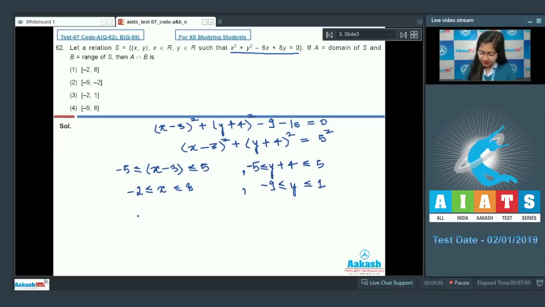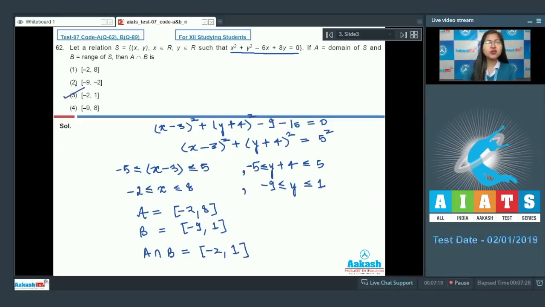Hence, we can say that A is equal to domain of S, that is -2 to 8, and B is equal to range of S, that is it is going from -9 to 1. So we can say that A intersection B will be equal to -2 to 1, right? So the correct answer will be option number 3.